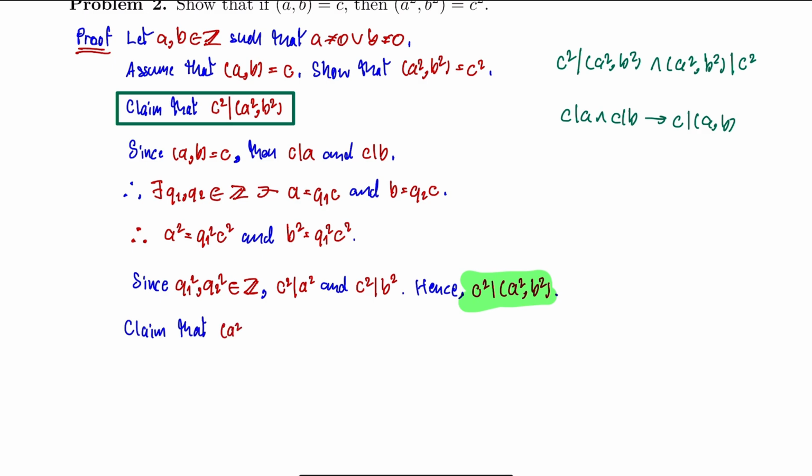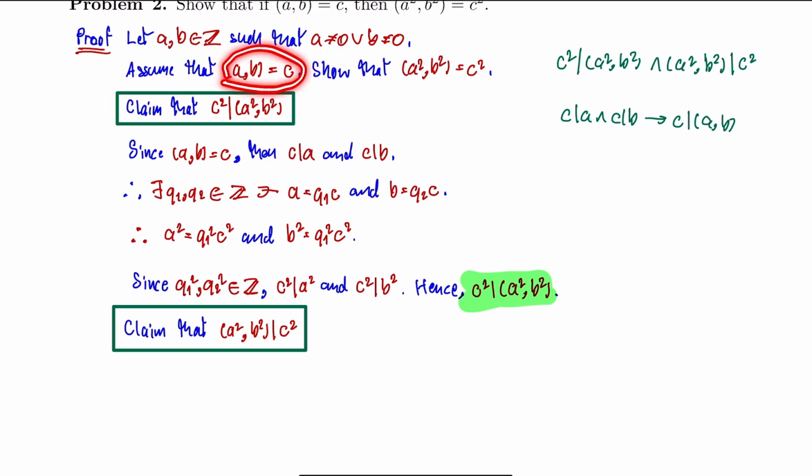Now let's show that the greatest common divisor of a squared and b squared divides c squared. Okay, what can we do right now? So the next thing we're going to do is to take a look at the greatest common divisor of a and b, which is c. Okay, so since the greatest common divisor of a and b is c, what do we have?